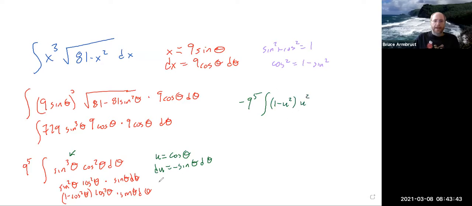And then the sine theta d theta, that was our du. So we have minus 9 to the 5th times the integral of u squared minus u to the 4th, which is going to give us u cubed over 3 minus u to the 5th over 5 plus c.